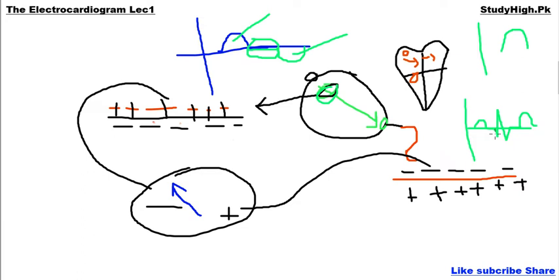As a result, this T wave is masked by the QRS complex. So what we receive in our normal ECG: the P wave showing atrial depolarization, the QRS complex showing ventricular depolarization, and the T wave of ventricular repolarization. This is what we receive in a normal electrocardiograph.